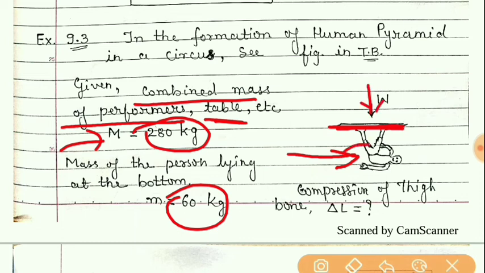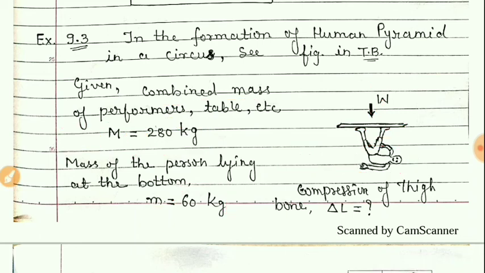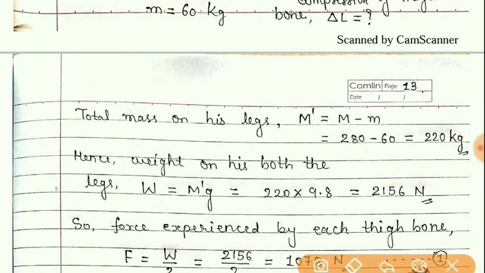We have to subtract the mass of this person, which is 60. So 280 kg minus 60 kg. What will we get? We'll get the mass on the legs of that person lying at the base is 220 kg.